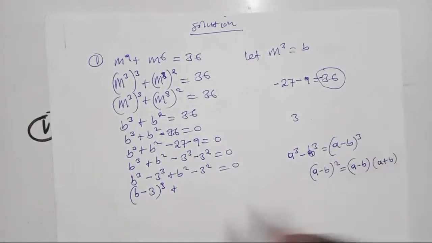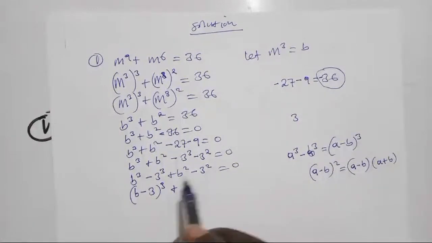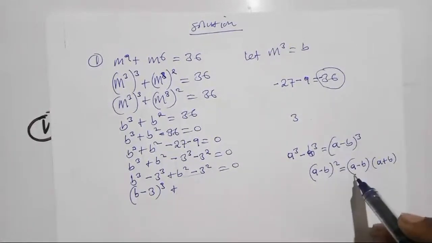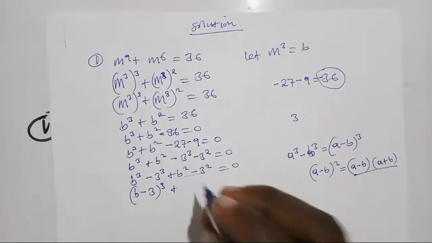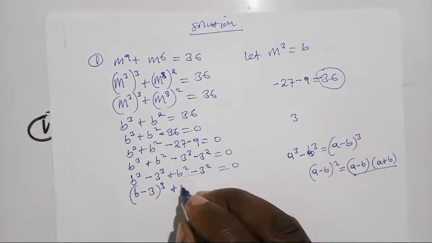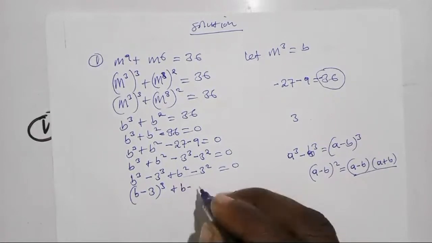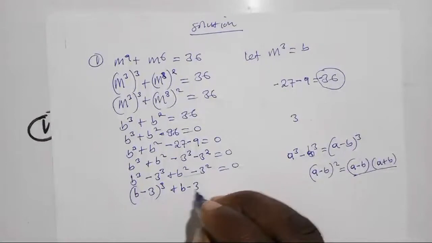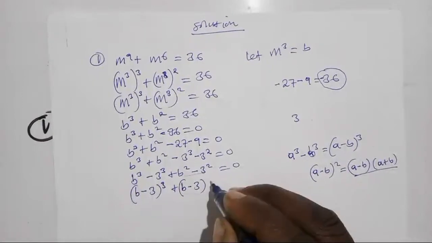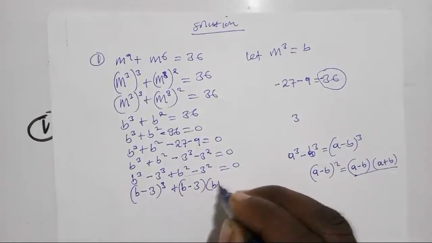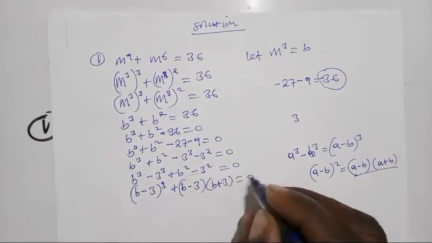So we're going to make these terms equal to b minus 3, then open bracket b plus 3, which is equals to 0.